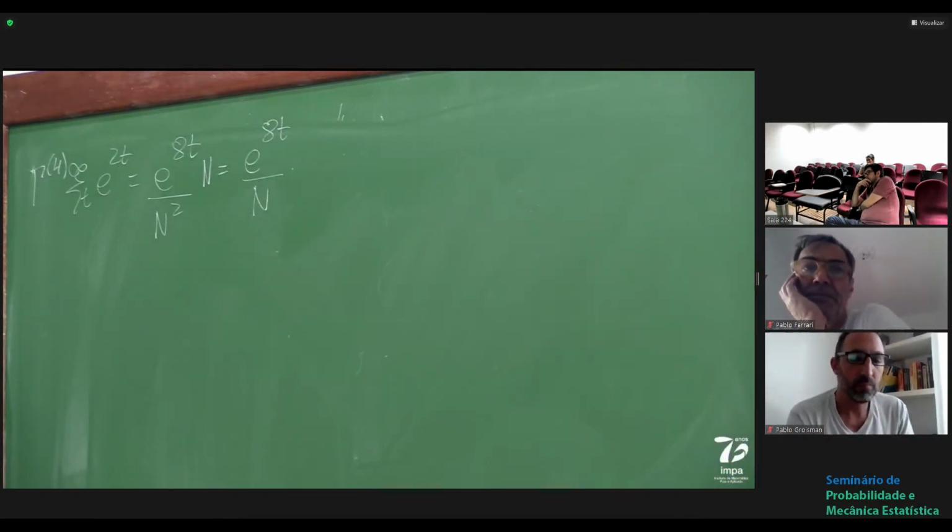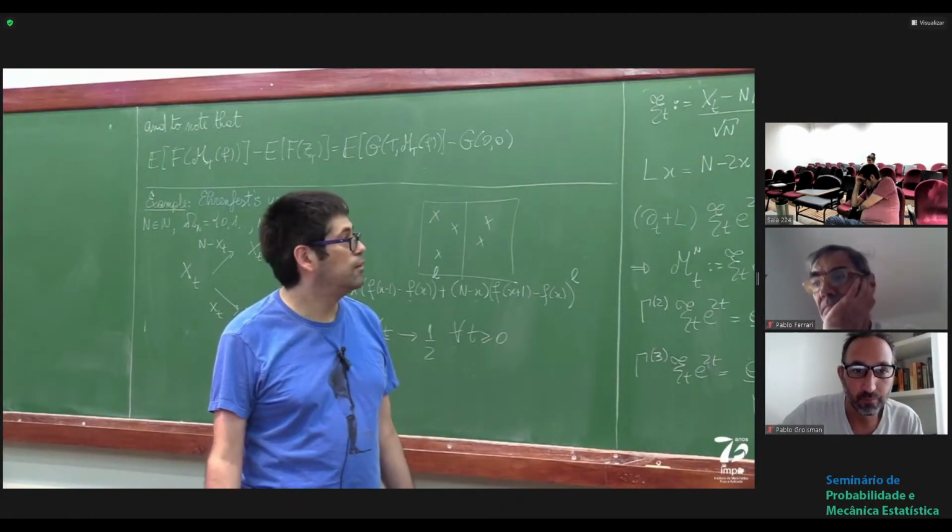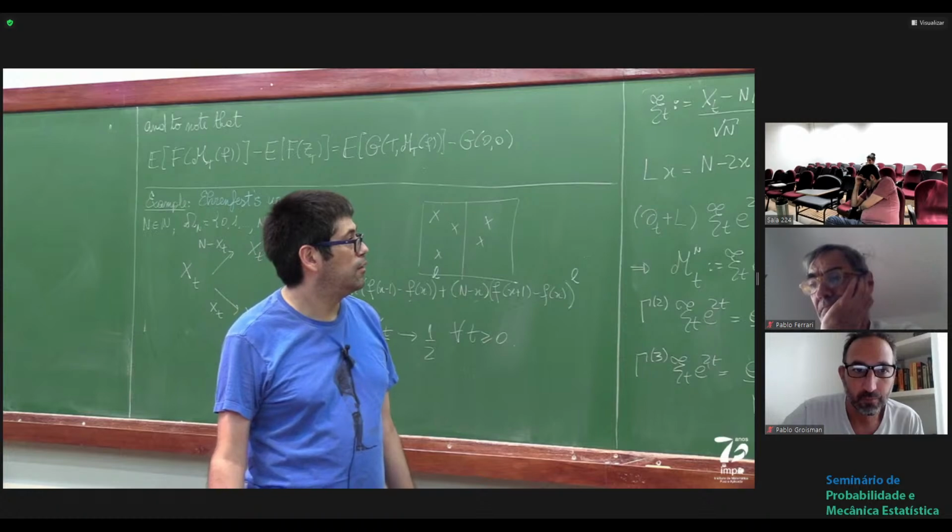I'm a bit lost in the computation, but I wanted to ask this question. This gamma 3 and gamma 4, they don't seem to be homogeneous, in the sense that if you multiply f by a constant, then the right thing is to multiply phi by a constant. Then gamma 2 is multiplied by this constant, but gamma 3 and gamma 4 seem to have the wrong one.